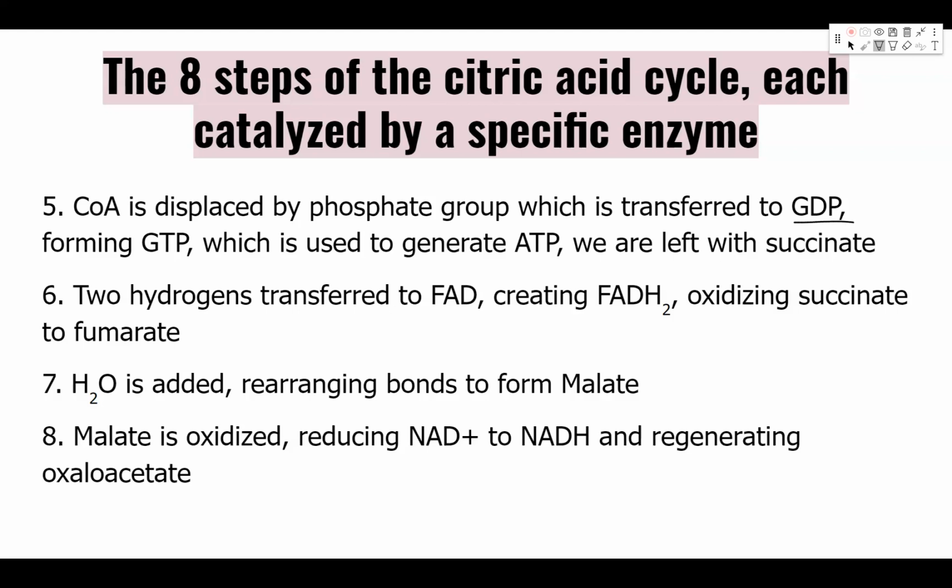It's very similar to ATP, only it's guanine instead of adenine. This forms GTP, so similar to ATP that we just consider it an ATP, or we just use it to make ATP down the line. We are left with something called succinate.